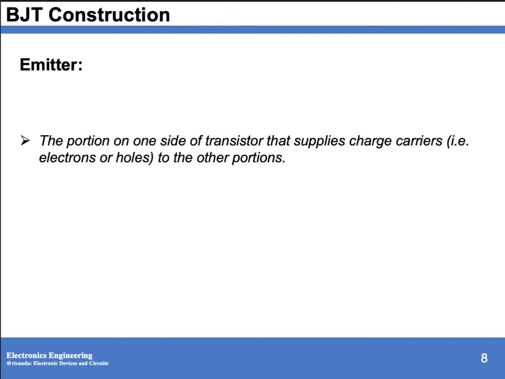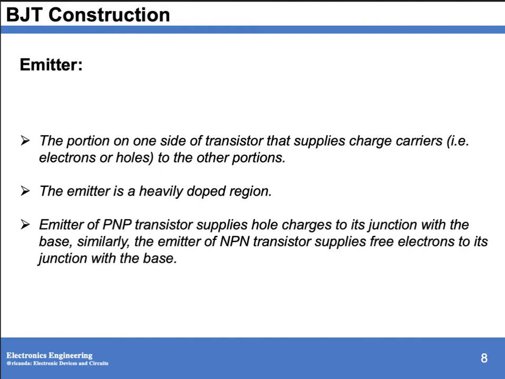The emitter is a portion on one side of the transistor that supplies charge carriers. These charge carriers are either electrons or holes to the other portion, and it is a heavily doped region. The emitter of a PNP transistor supplies hole charges to its junction with the base, and if it is an NPN, it supplies free electrons to its junction with the base.